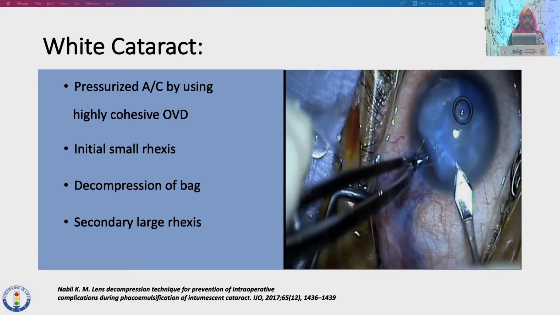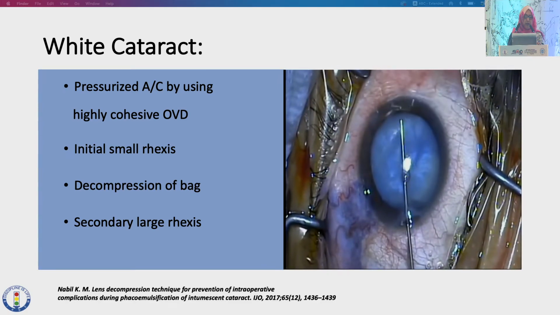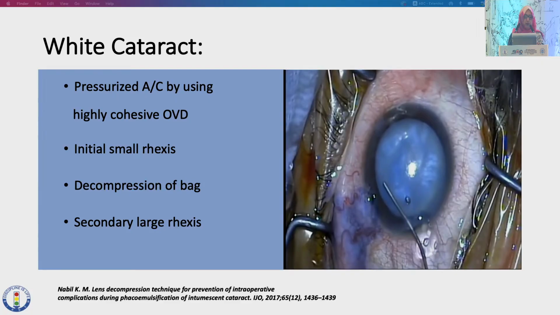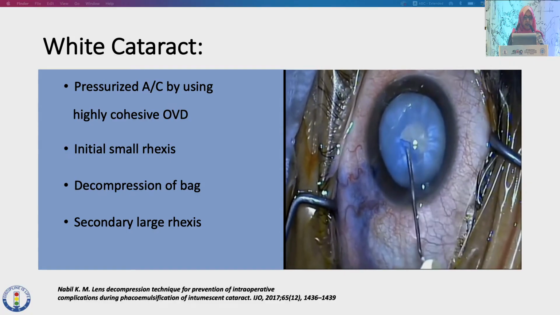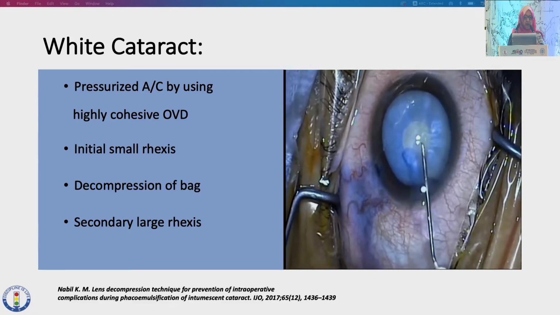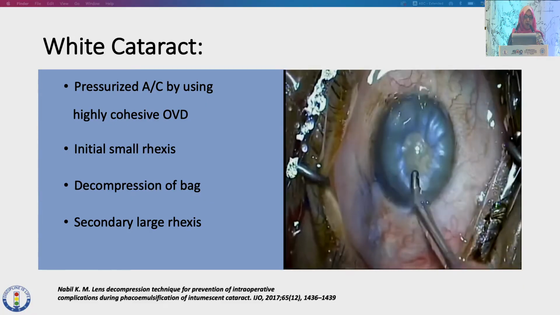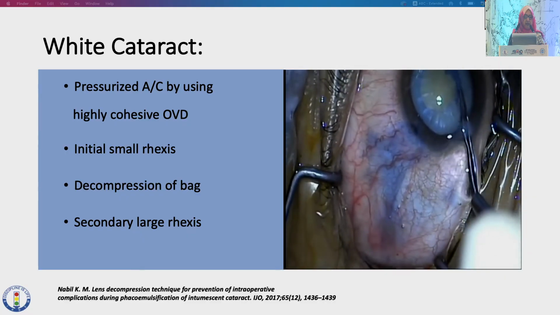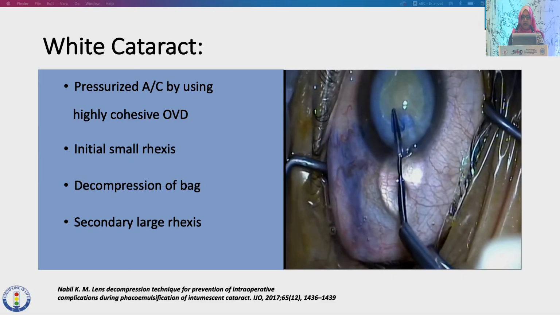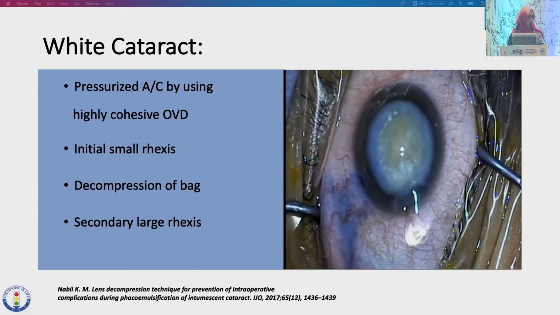Then we could do an initial small rhexis. Here I use a cystitome, or we could use capsulorhexis forceps, then decompression of the bag, and secondarily I do a large rhexis.